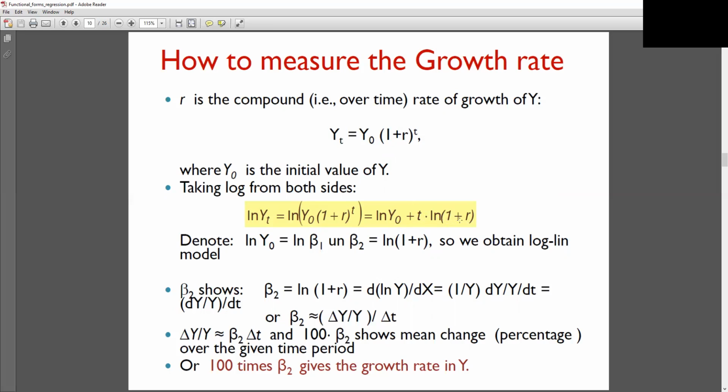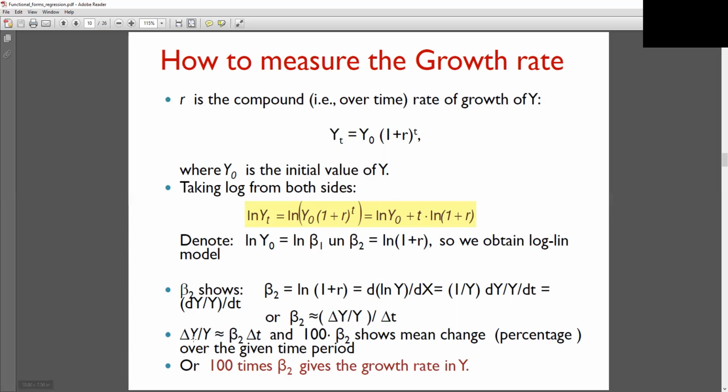So this is your slope coefficient, right? And here t is your independent variable. Then the beta 2, which is the slope, gives log 1 plus r. So log 1 plus r is your beta 2. If you take the partial derivative, d log y upon dt will give you 1 by y dy by dt, which is equal to delta y by y upon delta t.